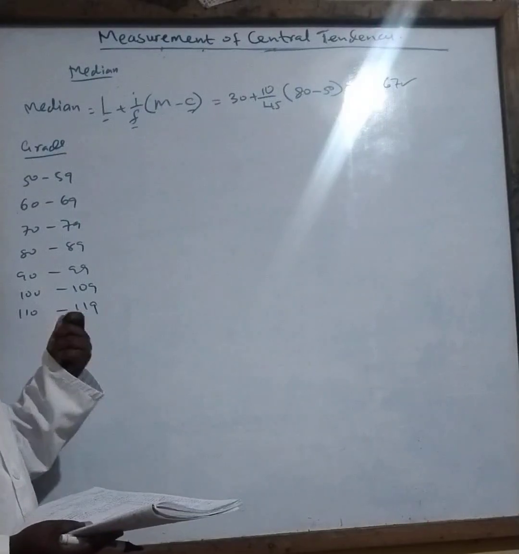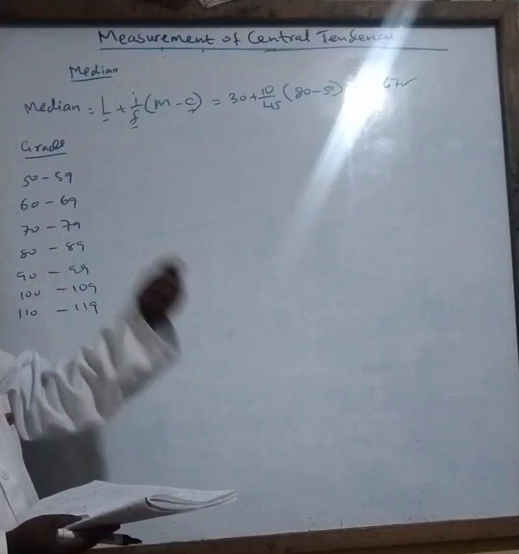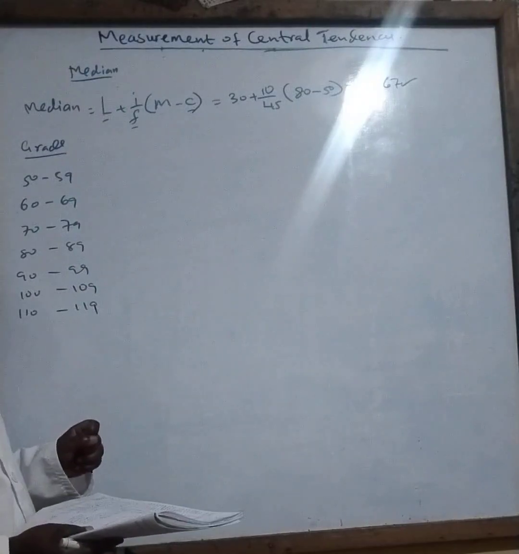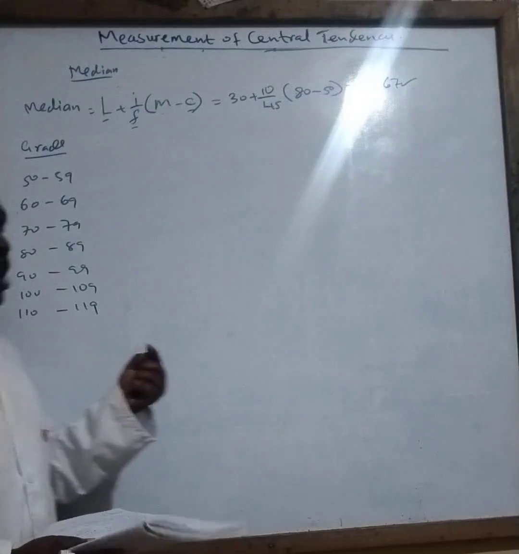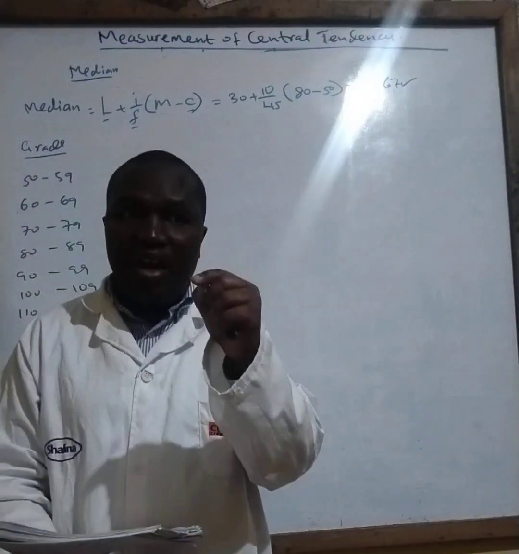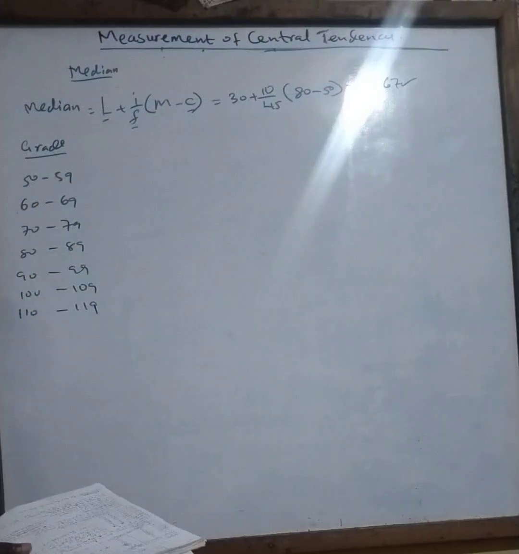The correct interval should always be 5, 10, 15, or 20, but not an odd number like that. So you need to reshape this data. How do you reshape? One, you subtract 0.5 from the lower values, which are on your left.